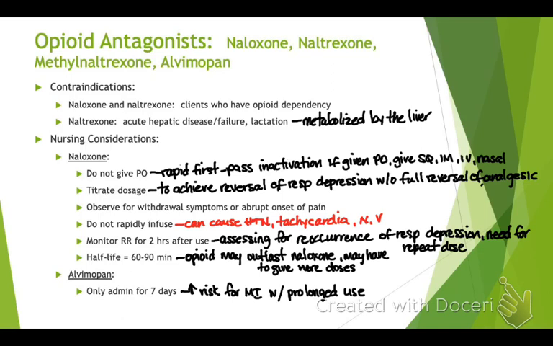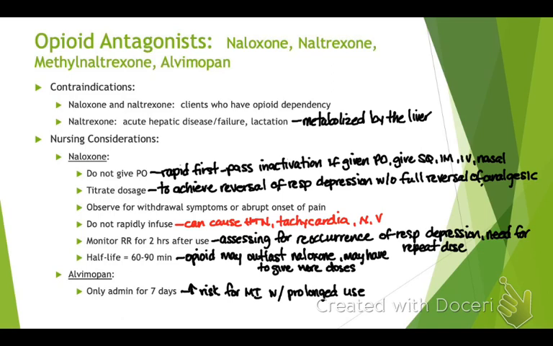Contraindications for this class: opioid antagonists, again, naloxone and naltrexone. Clients who have an opioid dependency, you don't want to cut off their opioid that quickly or abruptly. It will cause them to go into withdrawals, and they'll have that withdrawal syndrome. So you want to be able to taper it off. It's going to be much healthier for the patient.